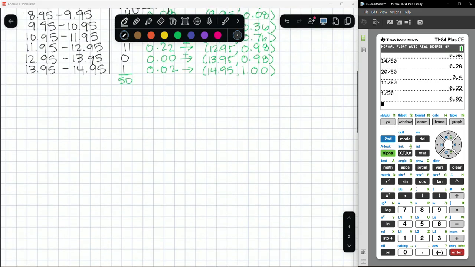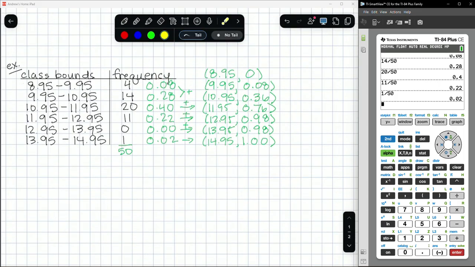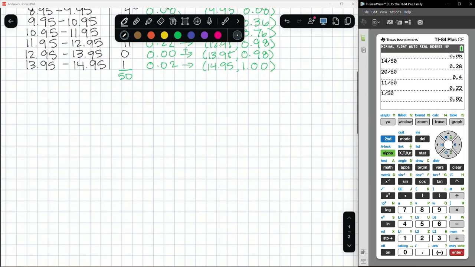From here, I'm going to set up my axes. I need 1, 2, 3, 4, 5, 6, 7 hash marks on the x-axis. So 1, 2, 3, 4, 5, 6, 7, 8.